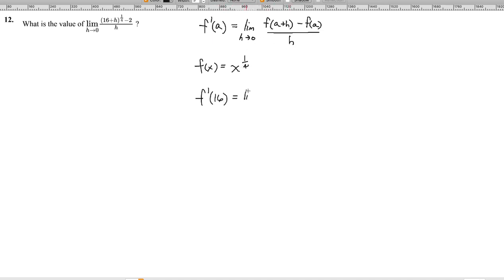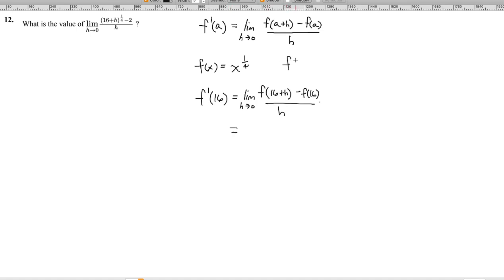I'd get the limit as h goes to 0 of f of 16 plus h minus f of 16, over h. And now all I need to find is f of 16 plus h.